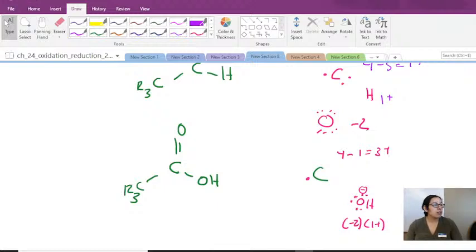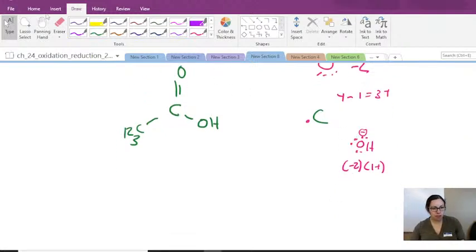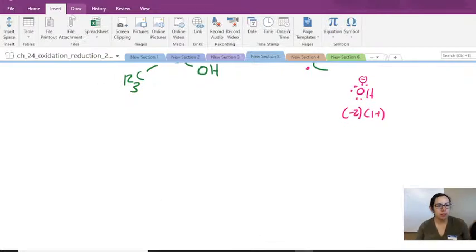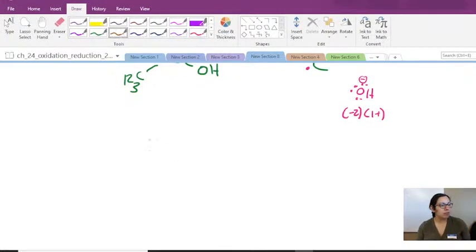All right, let's try a few more practice problems. Let's see, so this nitrogen one looks funny.